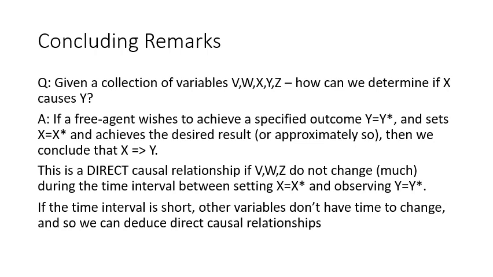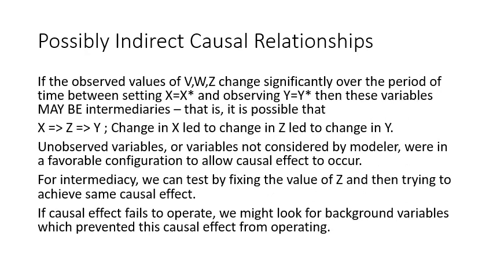If the time interval is very short, I flip the switch, light comes on, then the other variables don't really have much time to change, so we can assume that they did not change, and then we can assume direct causality. In situations where there is a time lag between setting X equals X star and observing our goal to happen, then other variables can also be changing over this time period, and it's possible that these other variables are intermediate values.